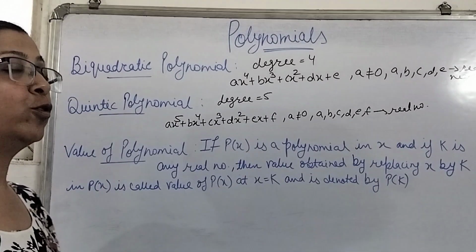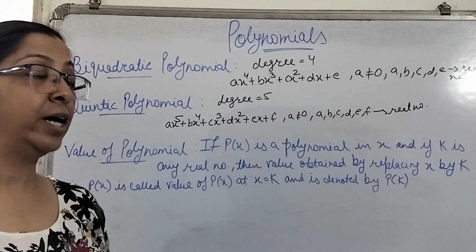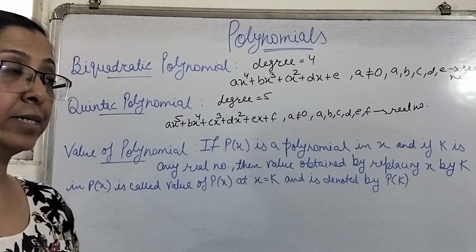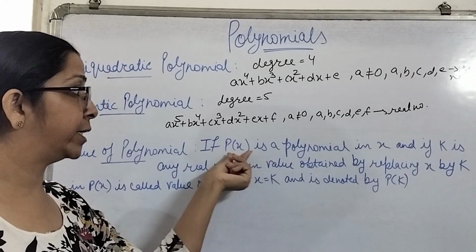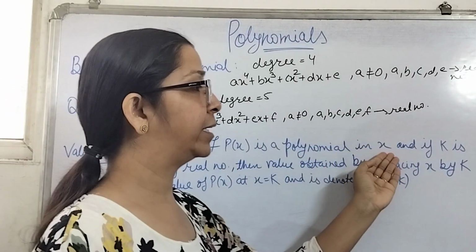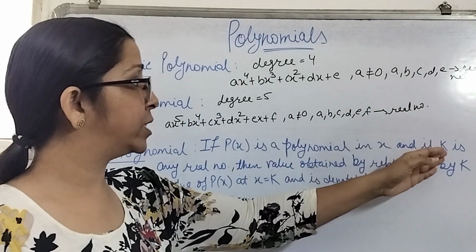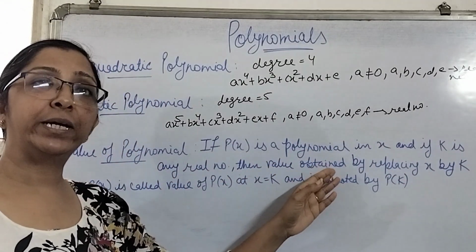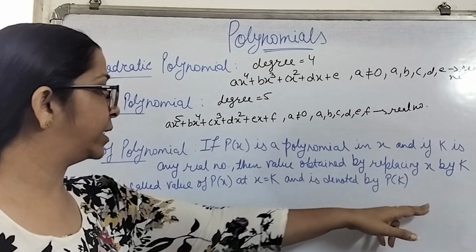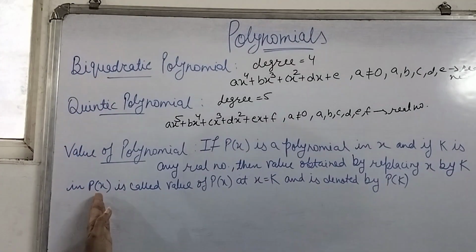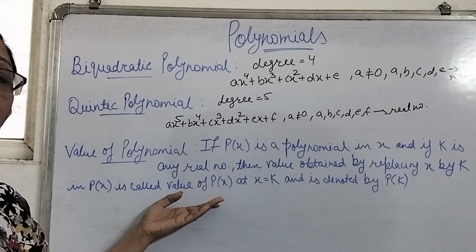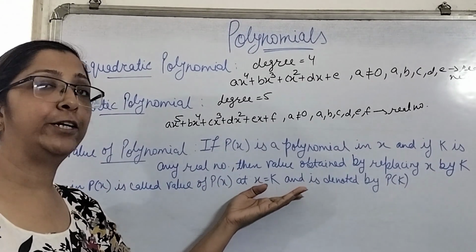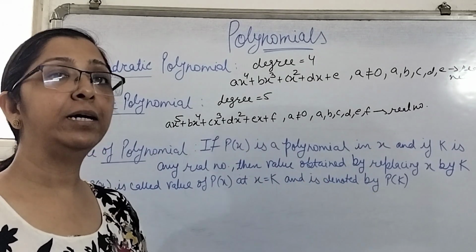Now let's see what the value of a polynomial is. If p(x) is a polynomial in x, and we take k as any real number, then the value obtained by replacing x by k in p(x) is the value of p(x) at x = k, and it is denoted by p(k).